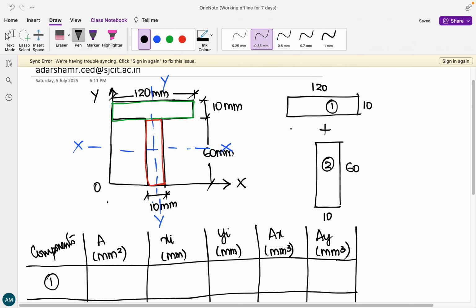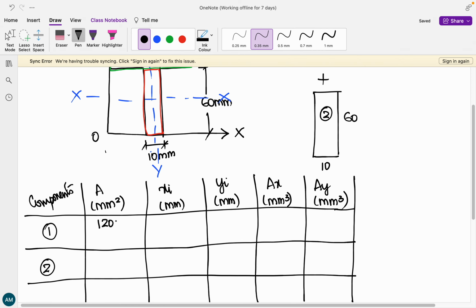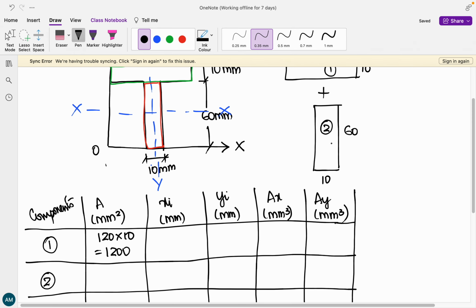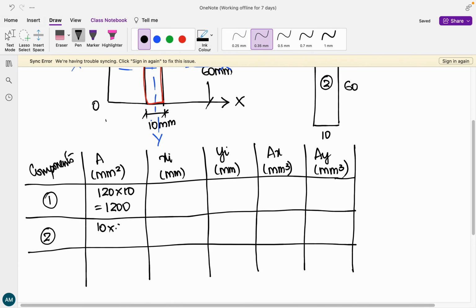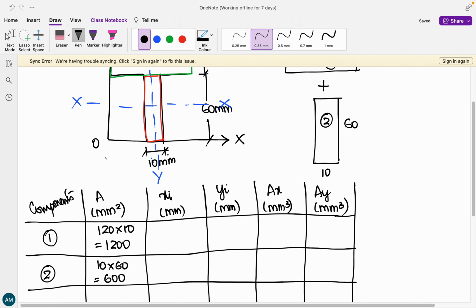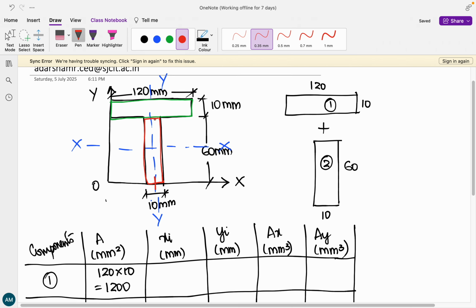So what is the area of the first component? Breadth into depth, that is 120 into 10. The next one, breadth is 10, depth is 60, so area is 10 into 60. Now coming to xi, that is the horizontal distance, for the first component.